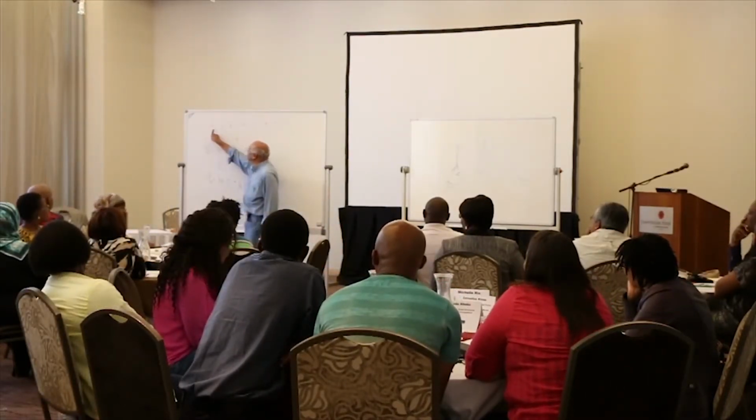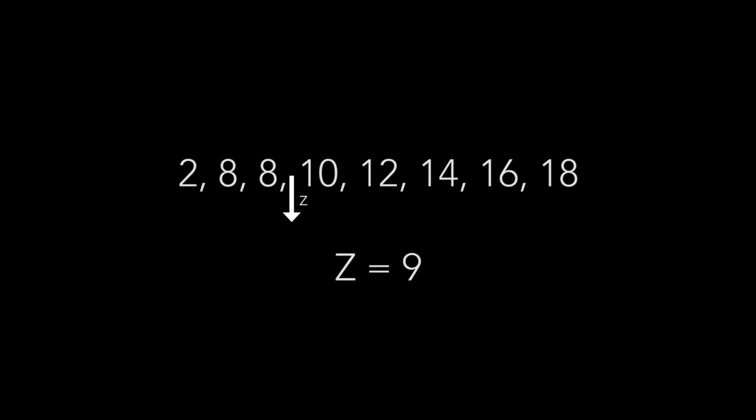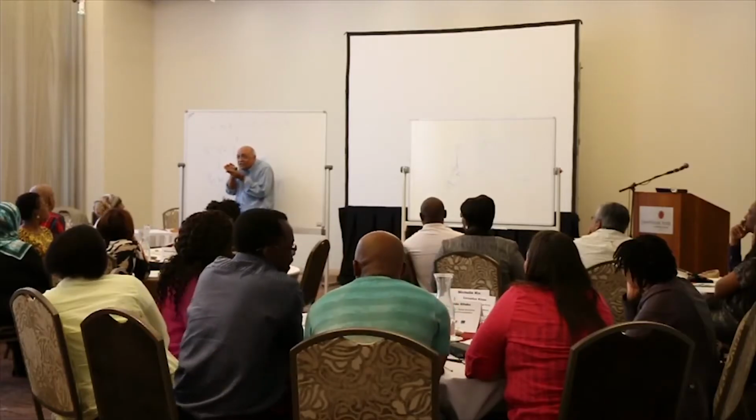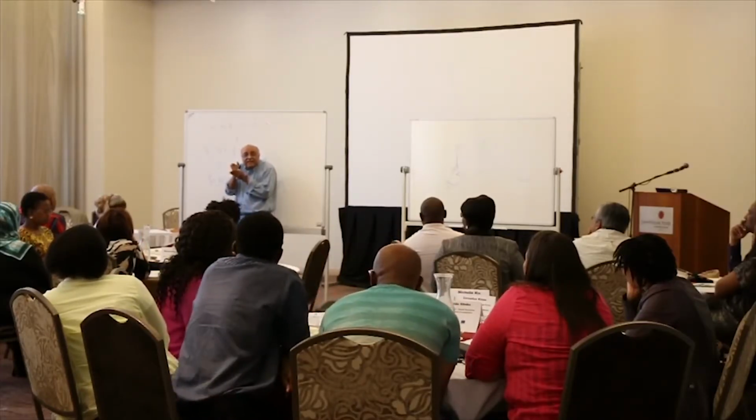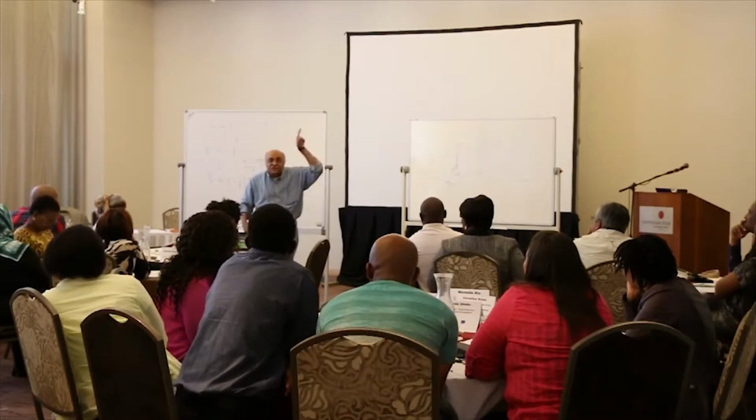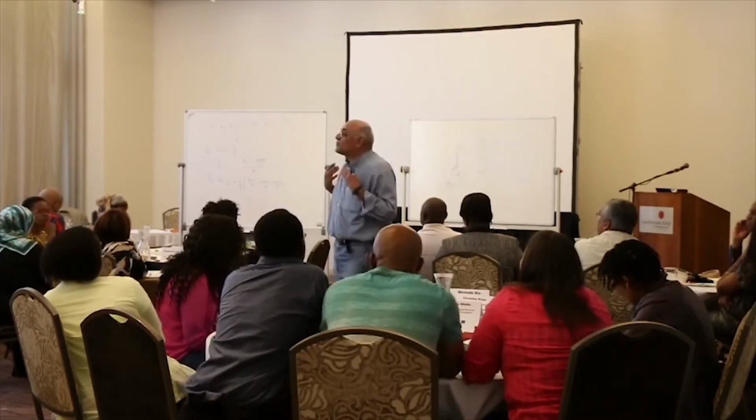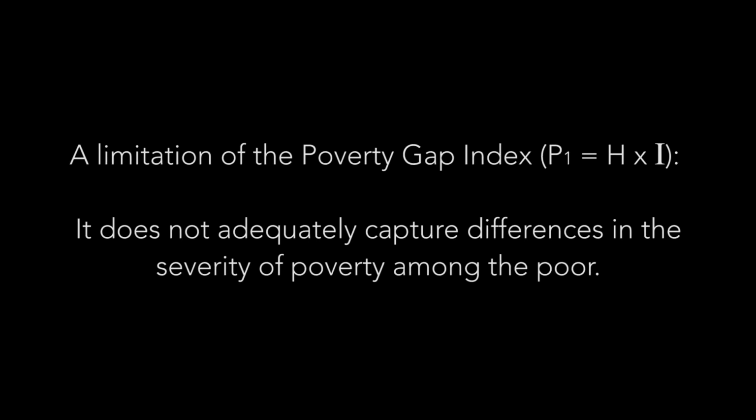Suppose I was to take a rand from this person and give it to this person who is just below the poverty line. I have benefited the person who is only just poor at the expense of the poorest of the poor. In other words, not only does the gap matter, but how big the gap is matters also.